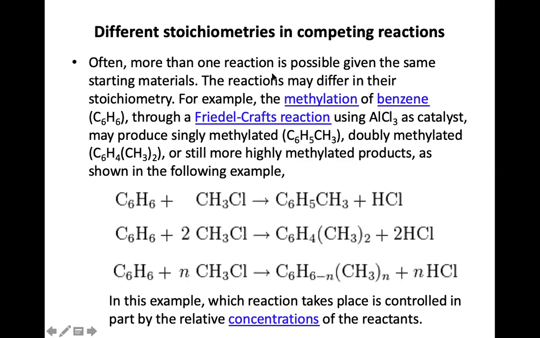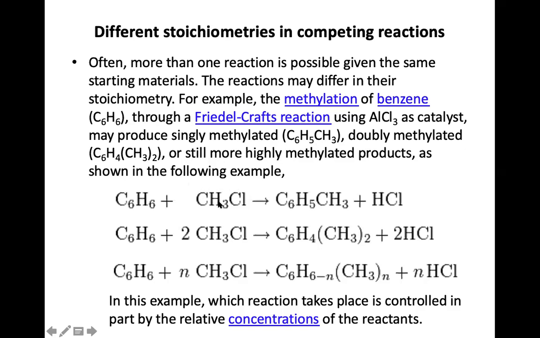Often more than one reaction is possible given the same starting materials. Sometimes a reaction has several steps to produce something, so the reactions may differ in their stoichiometry. For example, the methylation of benzene through a Friedel-Crafts reaction, which you studied in intermediate using aluminum chloride as catalyst, may produce singly methylated benzene, that means toluene, doubly methylated or still more methylated products, as shown in the following reaction.